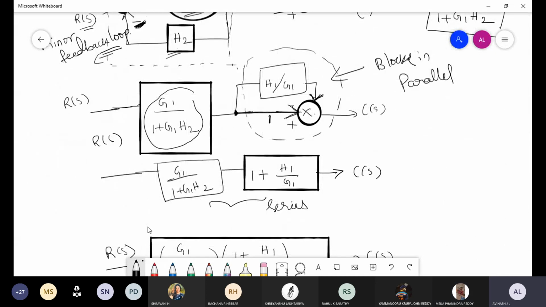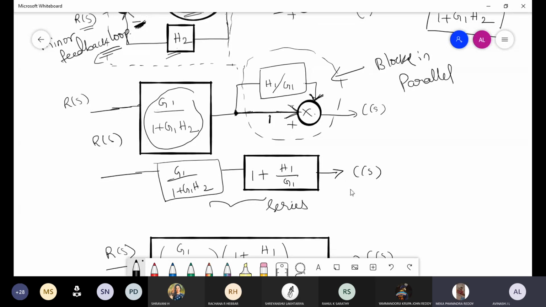Yes or no? Yes, sir. So now, once again, between R of S and C of S, if you see the first block and the second block, these two are in series once again. When these two are in series, we can multiply them and make it a single block, correct?